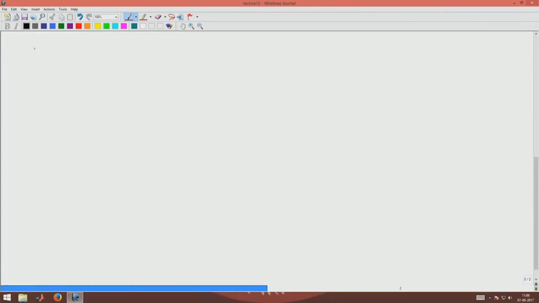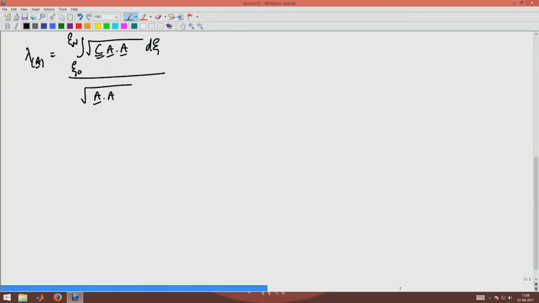Okay. So, we had lambda of A as the integral from psi 0 to psi n of square root of C times a dot with a d psi, divided by the integral from psi 0 to psi n of square root of a dot with a d psi.